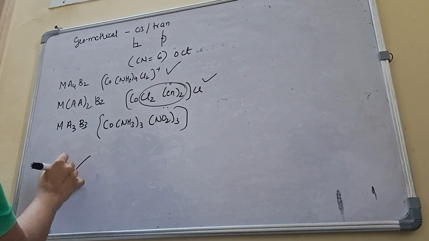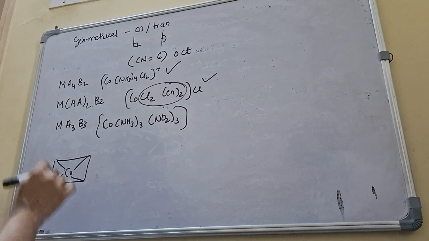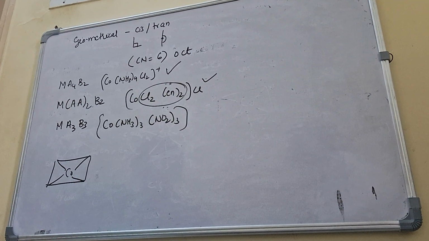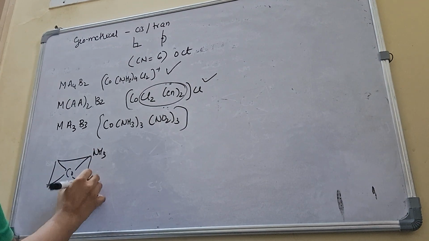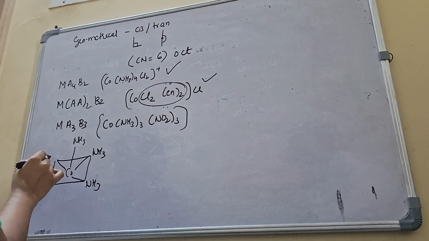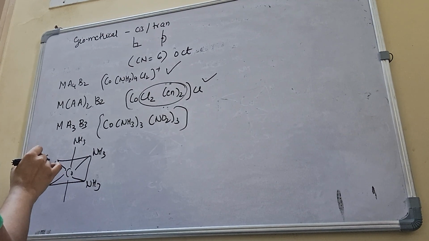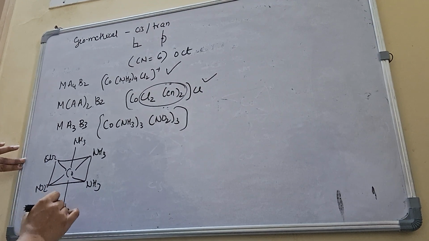You have cobalt here and this is my square plane. Alright, this is my square plane. One possibility, I have 3 ammonia. So, I will fix 3 here, 1, maybe 2 and let us say 3 here. Okay. And here I will have NO2 and NO2.